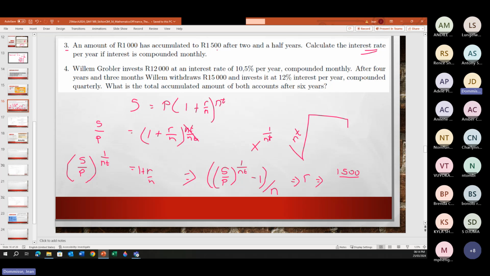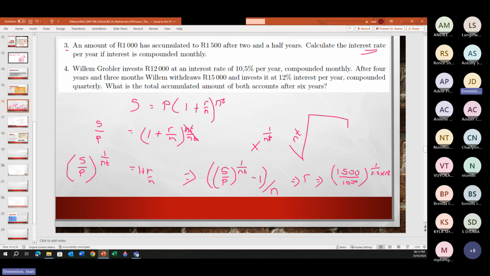So let's first get 1,500 divided by 1,000. So we said that is to the power of 2.5 times 12. That's actually 50. How did I?